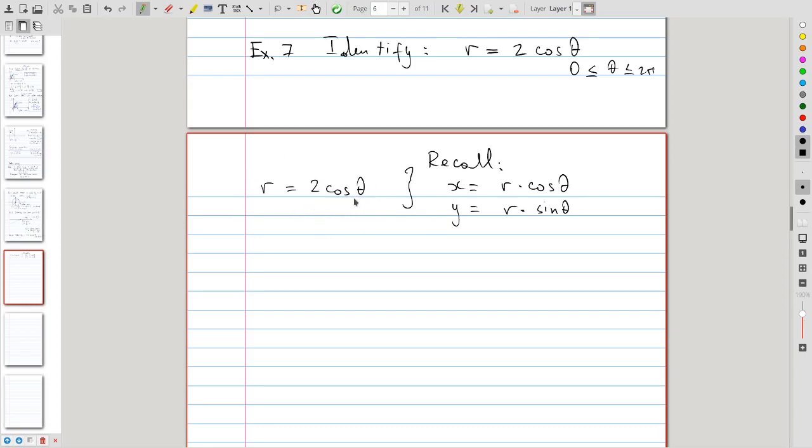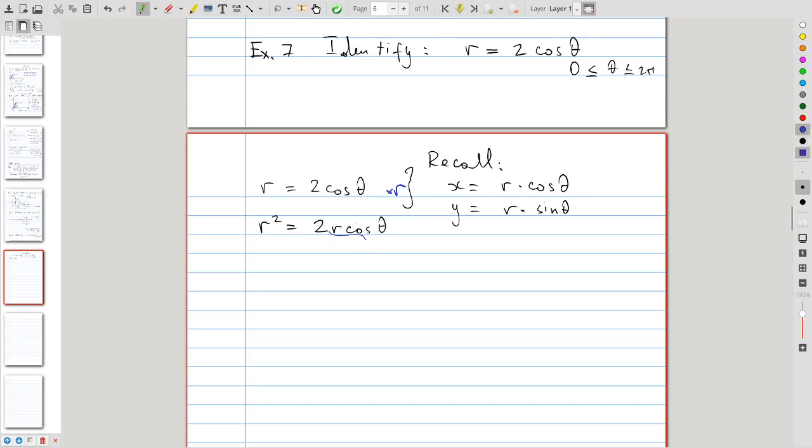Great. So as you see, here we have 2 times cosine theta. We do not have r though. So if we take this equation and multiply both sides by r, then we will indeed obtain r cosine theta on the right. So we'll have r squared equals 2r cosine theta.